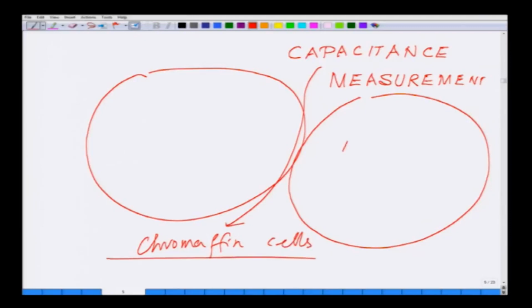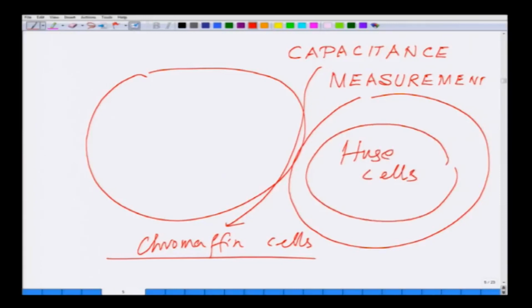So, you need really huge cells for this. This is potentially a very powerful technique of capacitance measurement, which is followed by different people who work with bovine pituitary and neuroendocrine cells. Mostly these are neuroendocrine cells which are involved in it.